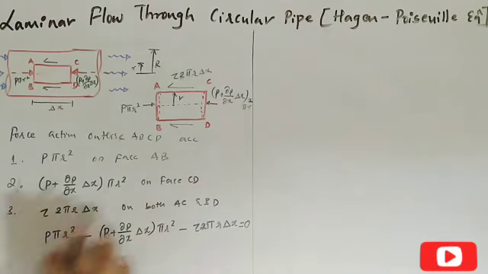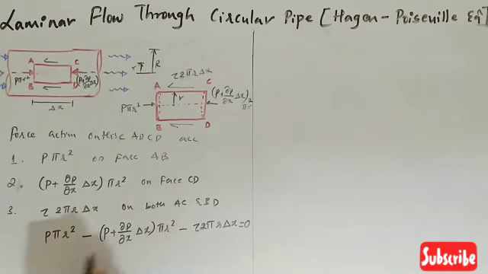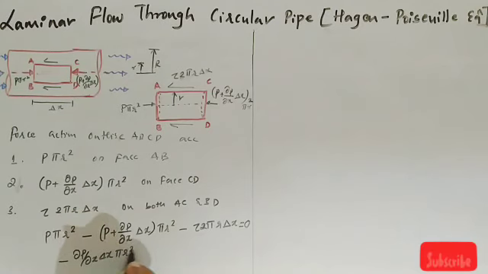If I simplify this, the P pi r square terms will get cancelled. So I get the equation minus dou P by dou x delta x pi r square minus tau 2 pi r delta x equals 0. This is the equation I got.